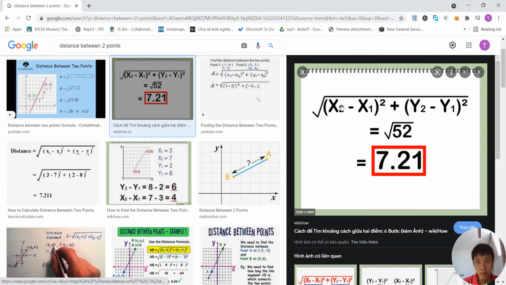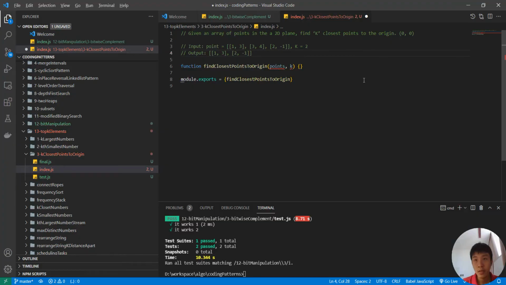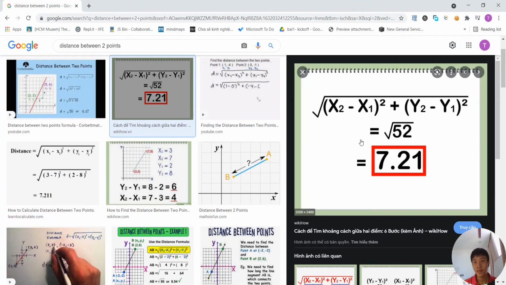So here is the formula we're going to use to calculate the distance between 2 points, and in our case it's the distance between each point in the input and the origin, right? So here is the formula.